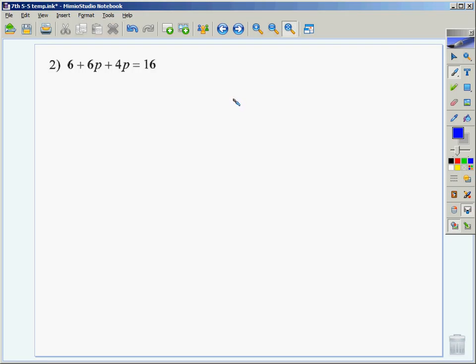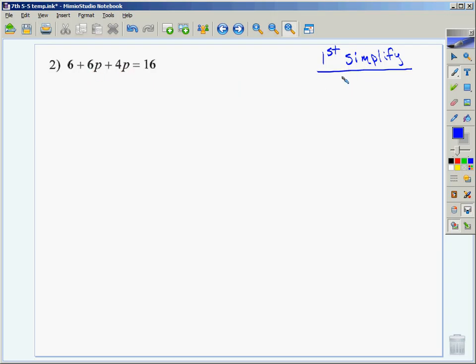Today you're going to notice something a little different. The first thing we should always look to see if we can do, we should always look to see if there's something that can be simplified. And you'll notice on the left side of the equation it says 6 plus 6p plus 4p.